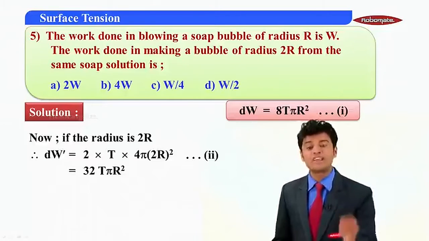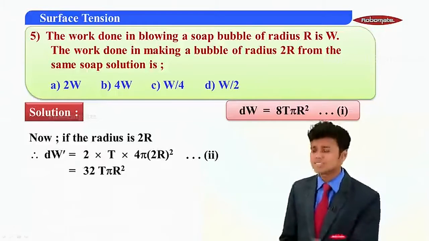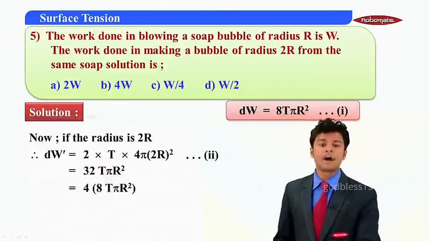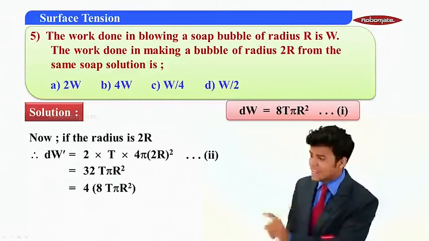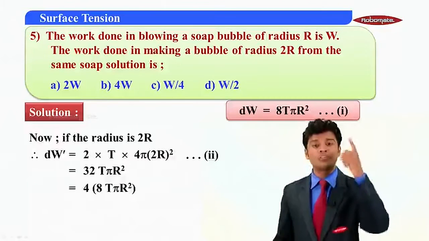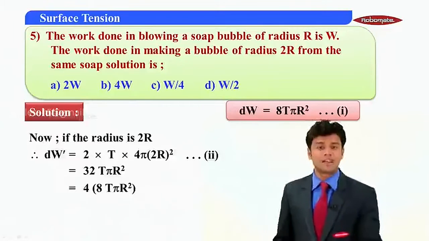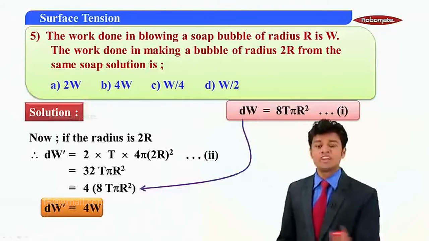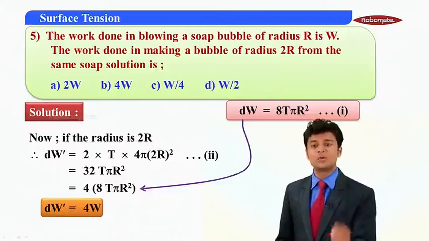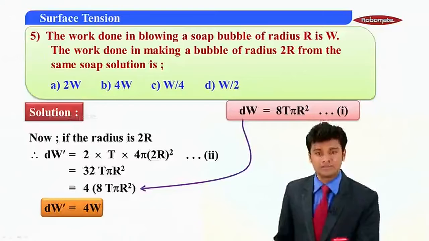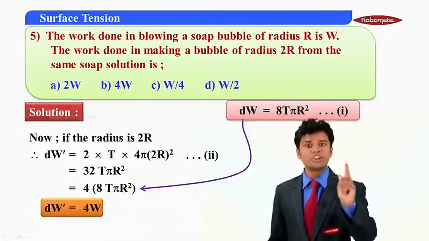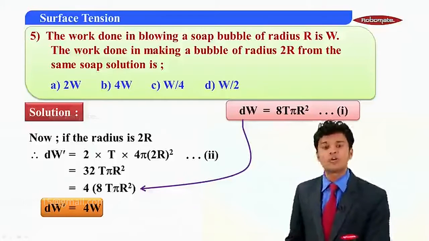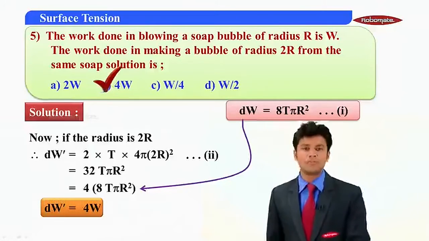This is dW dash. 32 can be written as 4 times 8 T pi R square, but 8 T pi R square is my original work done, dW. So dW dash is equal to 4 times the initial work done. The initial work done was W, so dW dash = 4W, which is your option B.